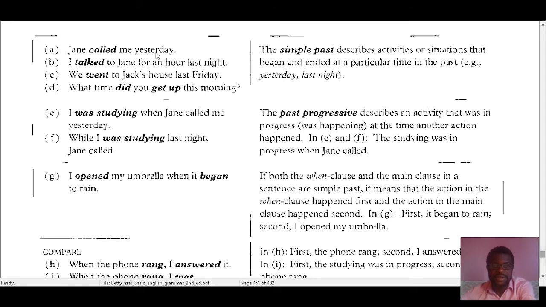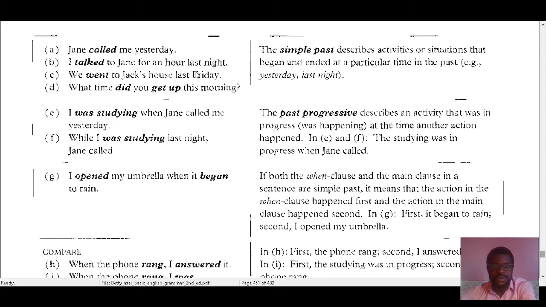Here we've got yesterday, our time marker, to tell us this happened in the past. So simple past tense describes activities or situations that began and ended at a particular time in the past. Example, yesterday or last night. So the verb started and finished in the past.